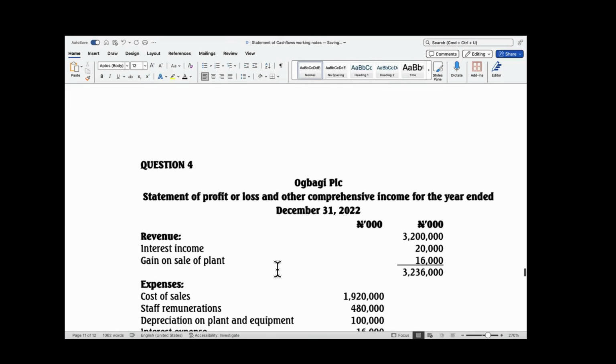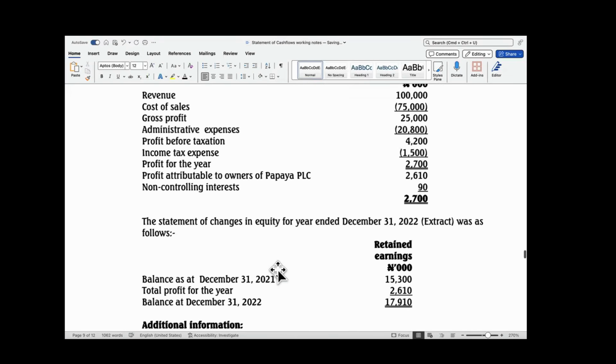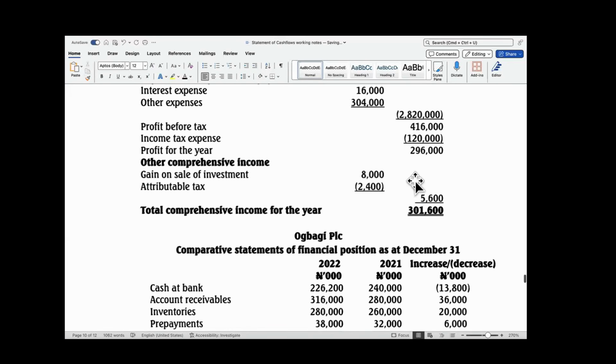Not only that, there is an income tax also in OCI of 24.